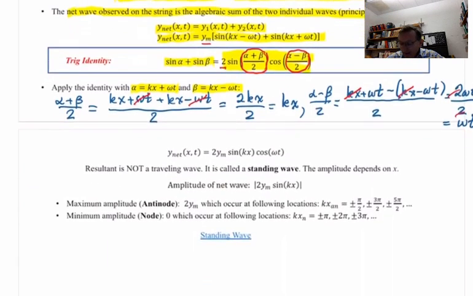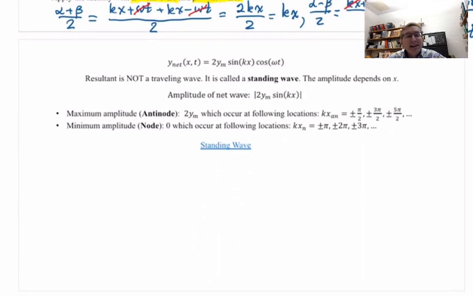What we see is that it is fundamentally different than the function we got in section 5. Now I may have to point out exactly how, but it is fundamentally different. What I got in section 5 for the net wave, remember that was for the 2 sinusoidal waves traveling in the same direction on the string.